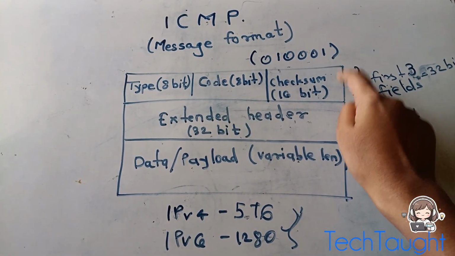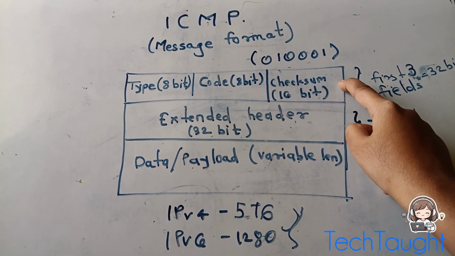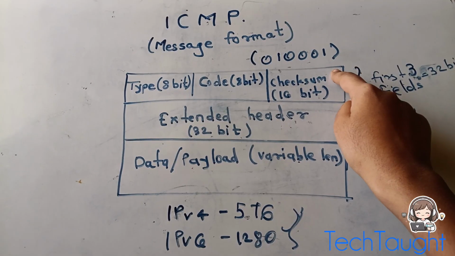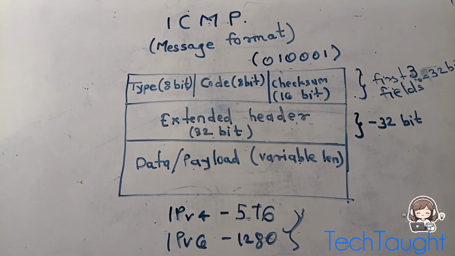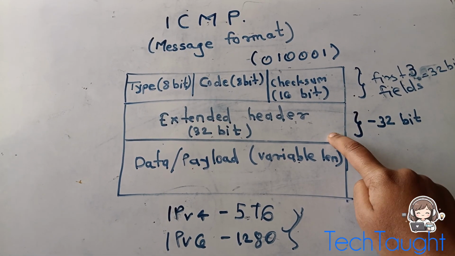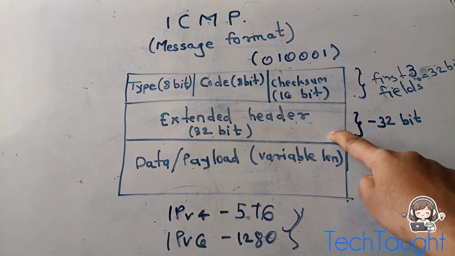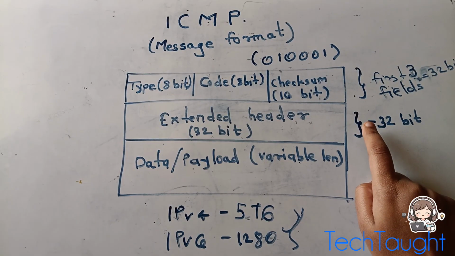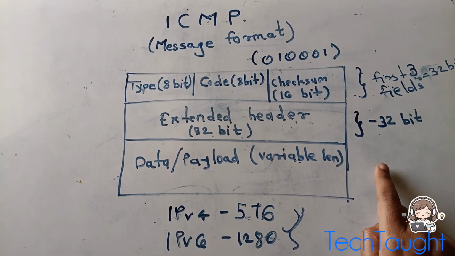Then checksum is used to check the number of bits of the complete message or data, and enables the ICMP tool to ensure that the complete data is delivered. मतलब ये चेक करता है कि हमारे डेटा में या मैसेज में कितने बिट्स है, and then it enables the ICMP tool to ensure that the complete data is delivered or not. The second is the extended header, which is of 32 bits. Checksum checks the number of bits and enables the ICMP tool to ensure the complete data is delivered, but we are not performing any error correction.